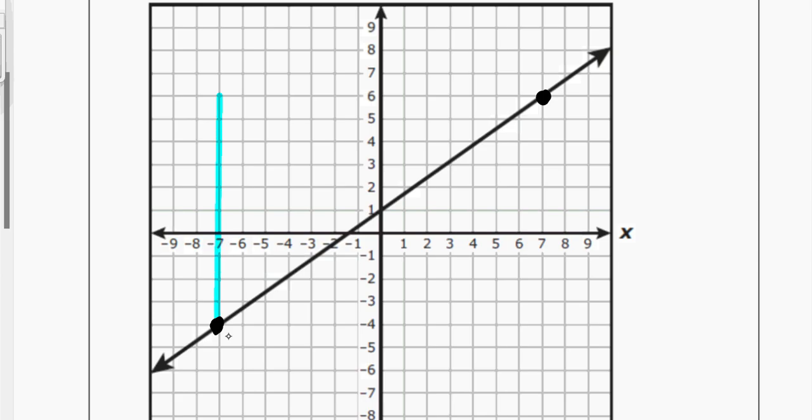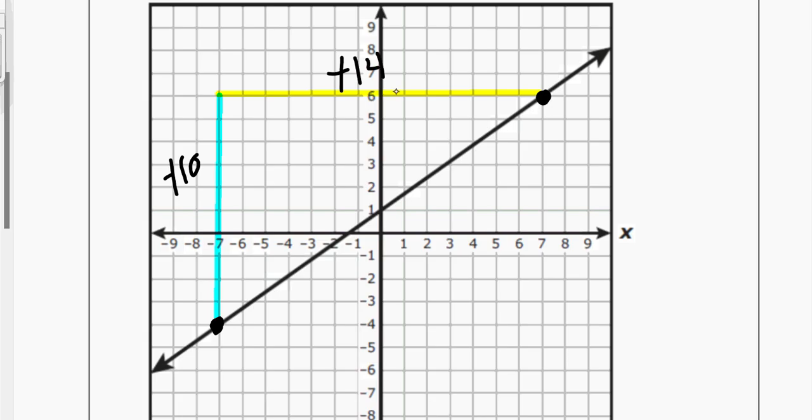So I'm going to find my rise and my run, or my change in y and my change in x. I can see here I went from -4 all the way up to 6, so I increased by 10. And I went from -7 all the way to 7 on my x values for my change in x, so I increased by 14.